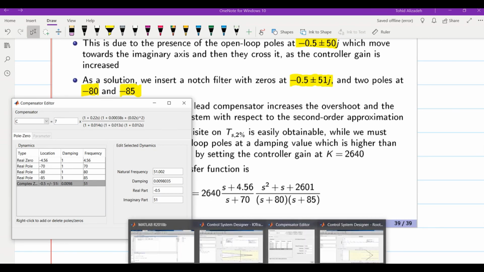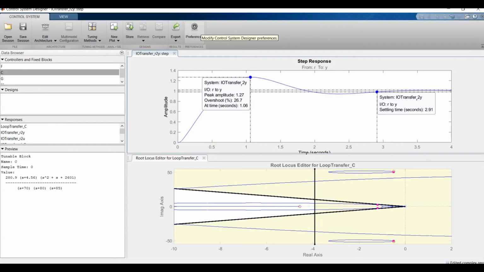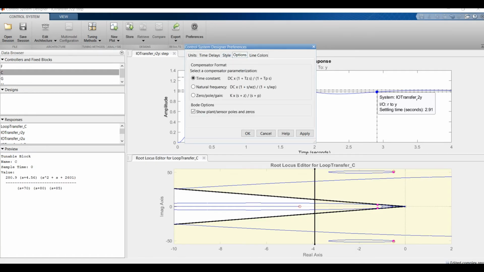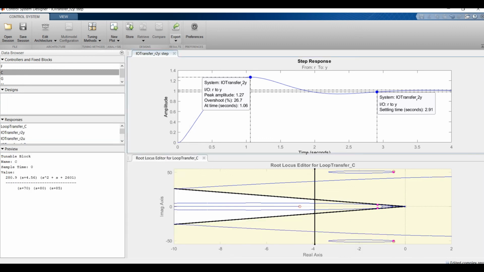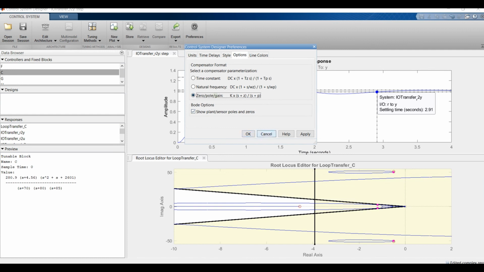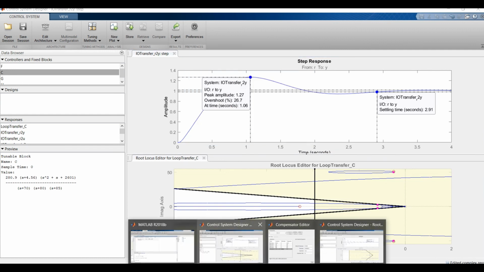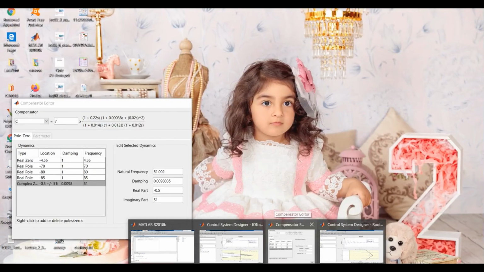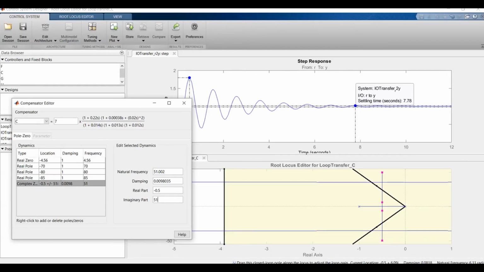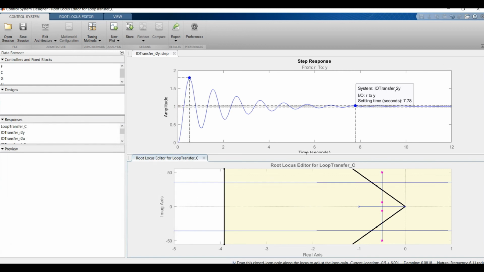Okay, so one more thing that we need to do here is to change the form that our controller is displayed into the pole-zero form. Looks like it didn't take, I have two Root-Locuses displayed.